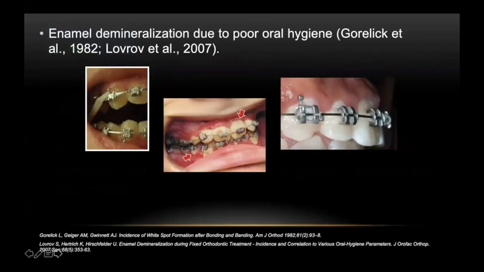And if there's a prolonged plaque retention, unfortunately, we may end up in some cases like shown in these pictures. This is very unfortunate. So indeed, when there's a prolonged plaque retention, enamel demineralization will be initiated or it will progress due to poor oral hygiene.